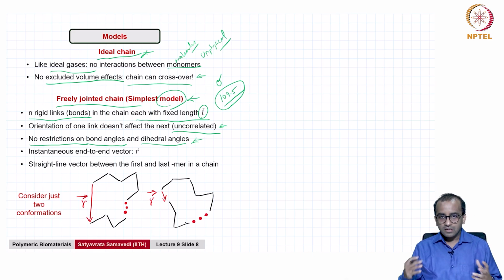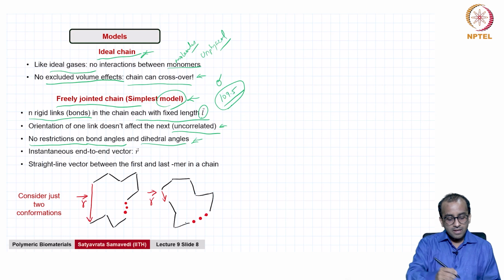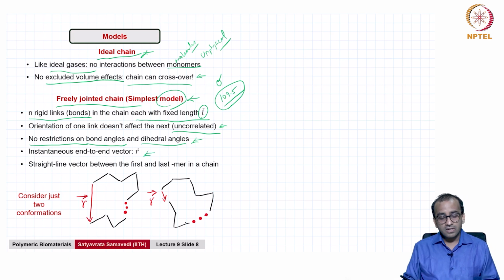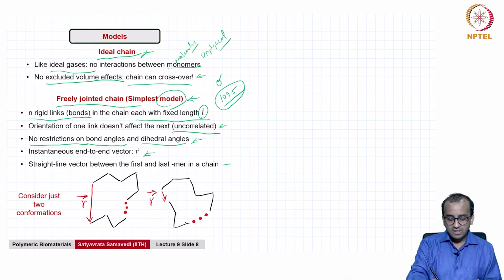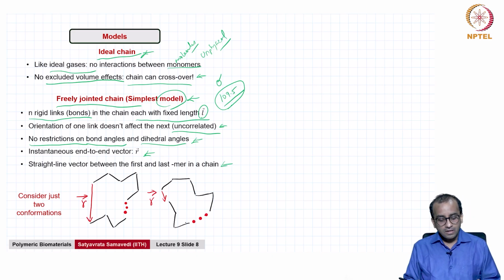Now, given that these are the assumptions that you have for the freely jointed chain, for an ideal chain model, you can now define something called an instantaneous end-to-end vector, which is simply the straight line vector between the first and the last mer in the chain. And as an example, we will consider just two conformations.